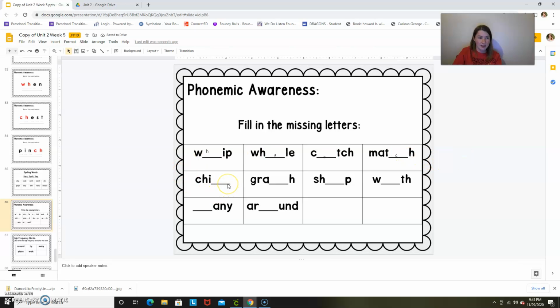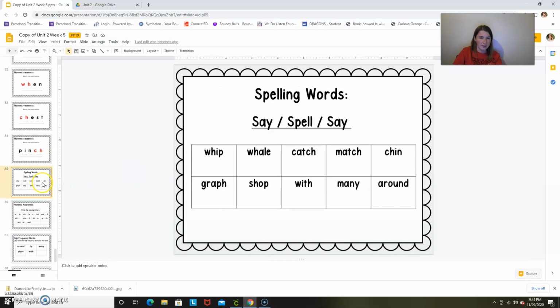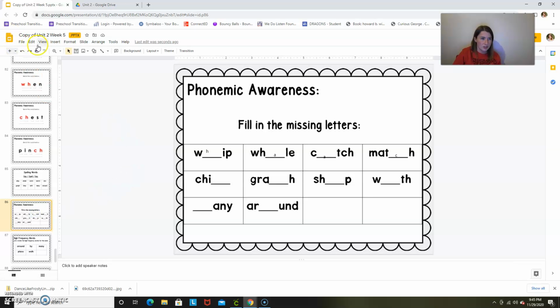Now we have chin. You said you're correct. Graph. What was that digraph? If you said P, you're correct. Shop. What's that vowel?